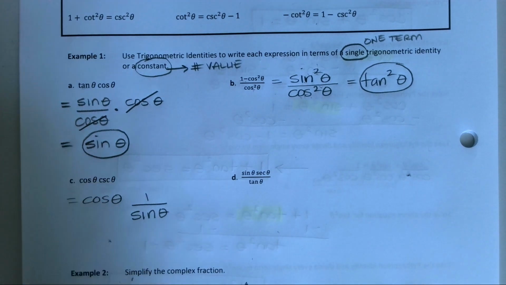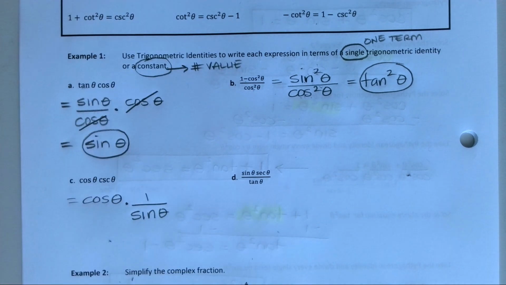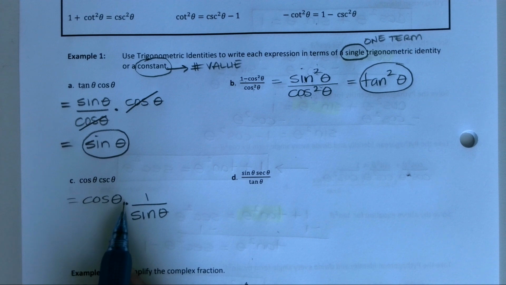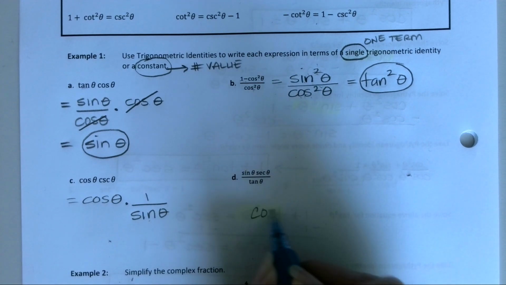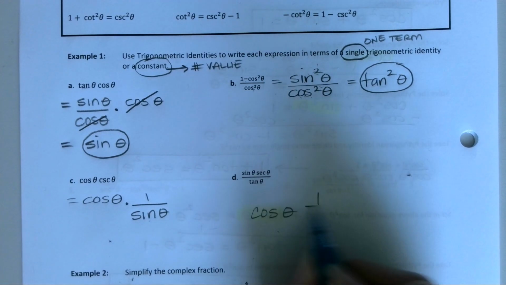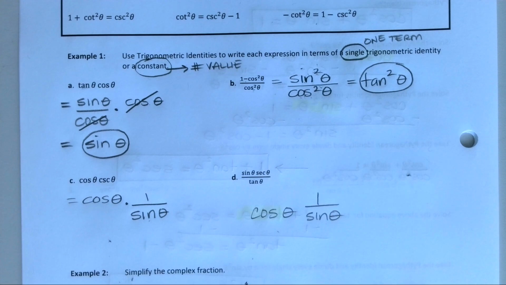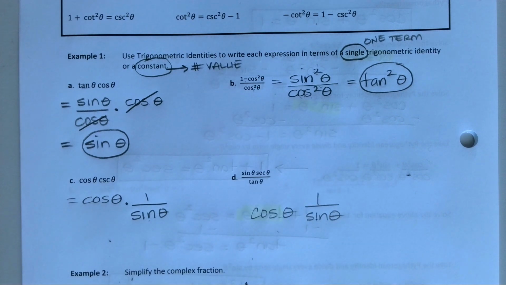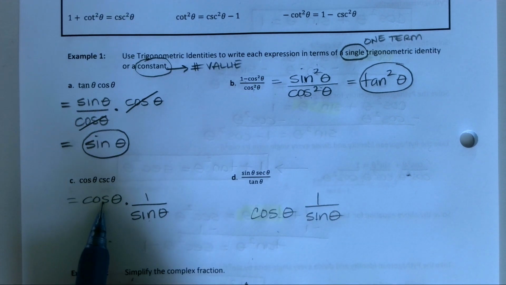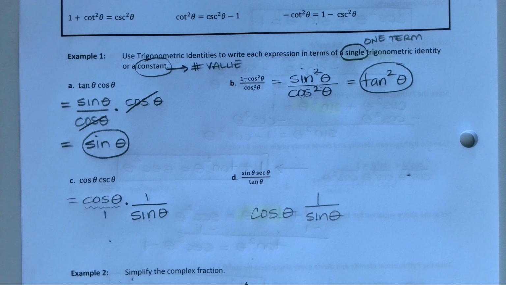Okay. So notice how I wrote this, okay? Cosine times 1 over sine. So you probably are saying, why is she writing it so low? A lot of students do this. They do cosine theta and then they go times 1 over sine theta. When you write it like that, it's very misleading because it looks like your cosine is multiplying with your sine, and that's incorrect. So if you have a single term multiplying by a fraction, that single term actually has a 1 underneath it.